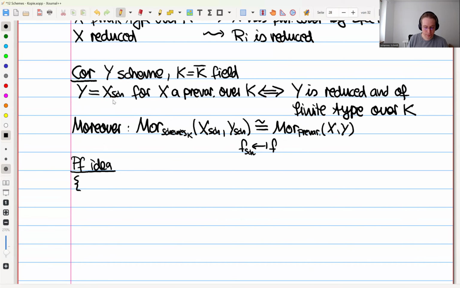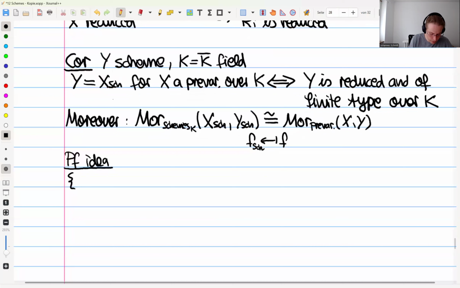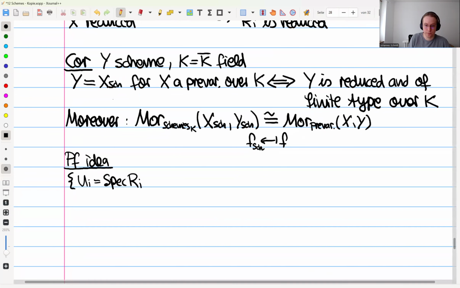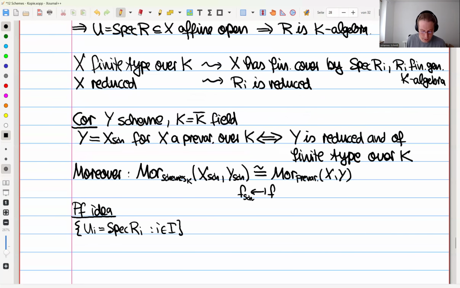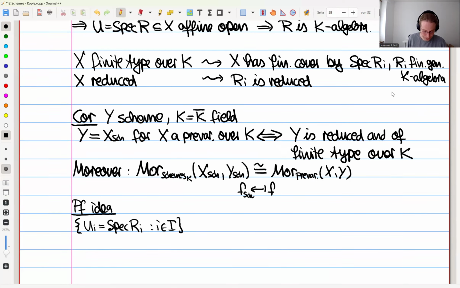So what we do is we first observe that we find this cover here that we discussed, right? Because we already did half of the proof before. So if X is finite type over K, we have this cover by the Ri, and they are reduced finitely generated K algebras.